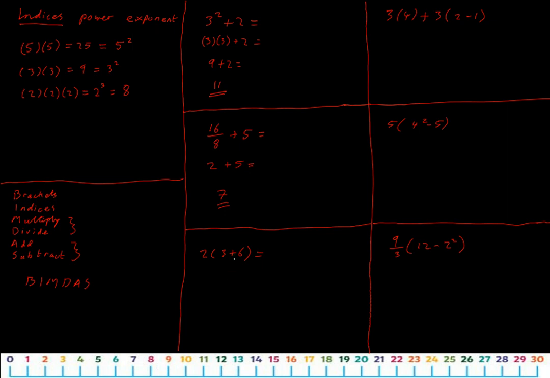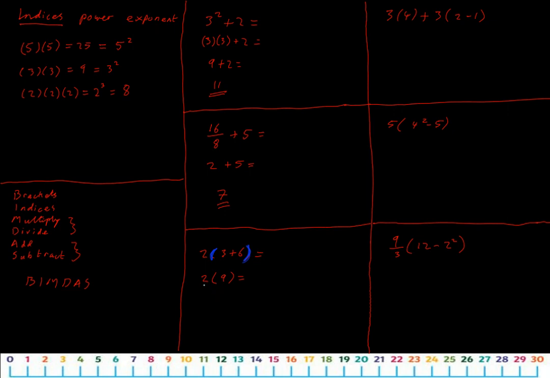So even though this is addition, my brackets here mean that I'm going to have to do this first, because when I look at Bimdas, I can see brackets are the very top of the list. So I have to do brackets before I do anything else. So let's tidy up what's in our bracket. So I bring down my 2 is still here, and I have 3 plus 6 is 9, and I still have my equal sign.